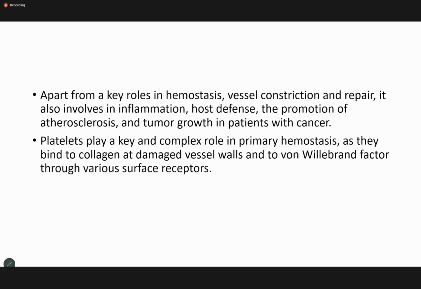Apart from a key role in hemostasis and vasoconstriction, platelets are also involved in inflammation, host defense, the promotion of atherosclerosis, and tumor growth and metastasis in patients with cancer.